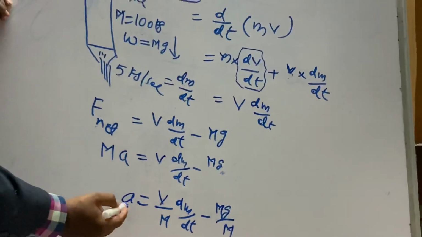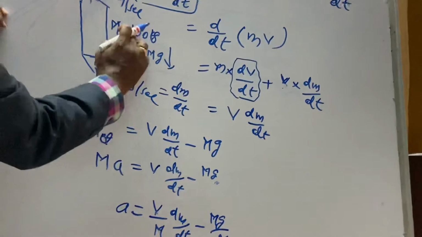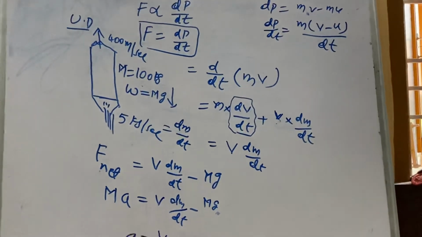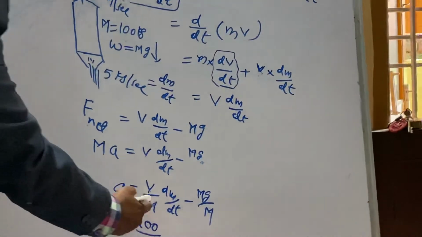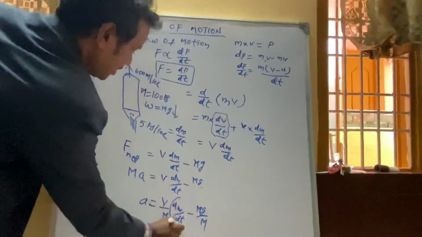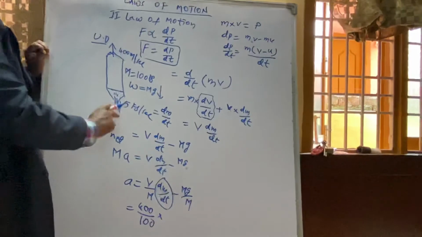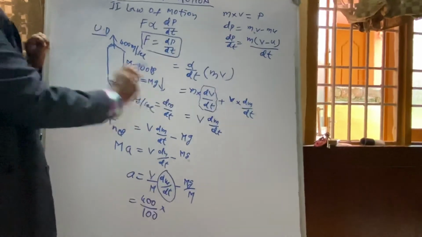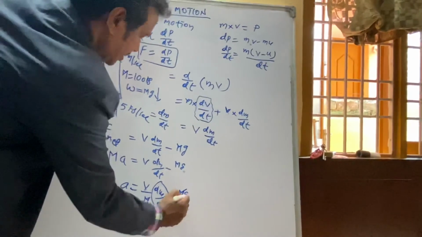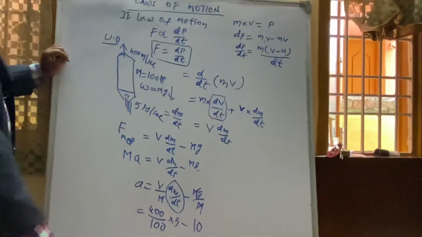To calculate a: v is the velocity, 400, divided by the mass of the rocket, 100. dm by dt represents the variable mass, the ejecting fuel, which is 5. Then M cancels in the second term, leaving g, which let us take as 10 meter per second square.